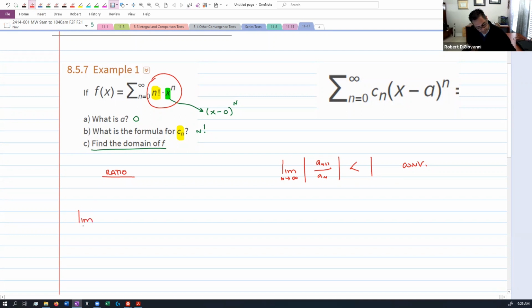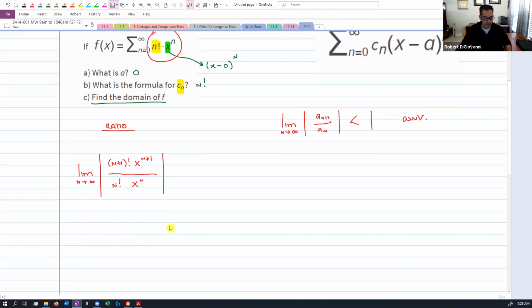Here we go. Limit as n goes to infinity of, first I'm going to plug in n plus 1. So it becomes (n plus 1) factorial, and then x to the n plus 1, over, just replace n with n, so n factorial x to the n. Now I'm going to clean up the numerator.